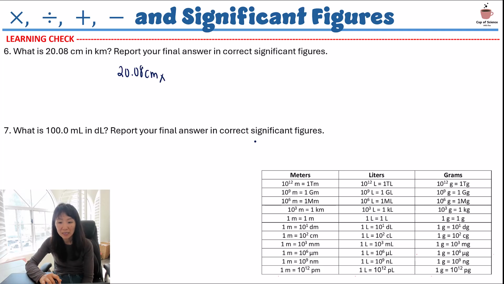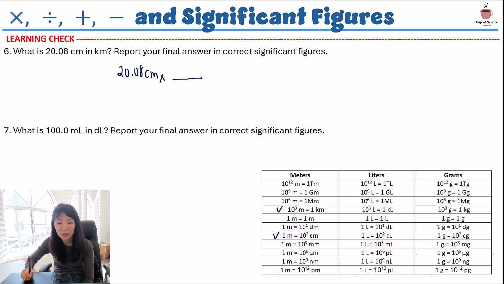We don't see a relationship between centimeters and kilometers directly in this table, but we do see a relationship of centimeters to meters and meters to kilometers. So it's a two-step process. We're going to utilize this one first, then this one.